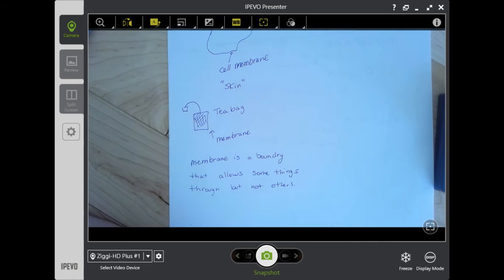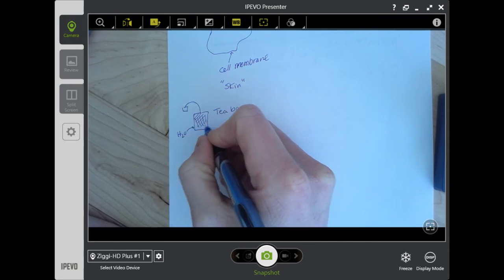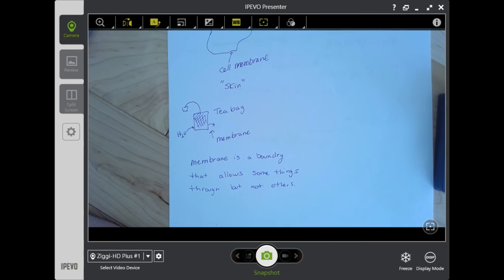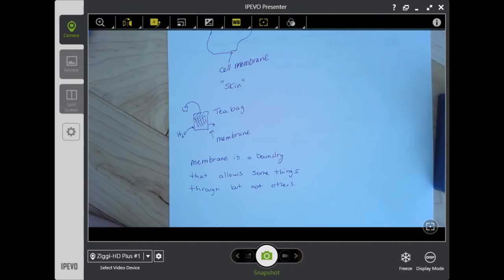So in the case of the tea bag, the water, H2O, is going to be able to go through and come out, right? That's how you get your tea steeped. But the tea itself, the leaves, stay inside the bag the whole time.